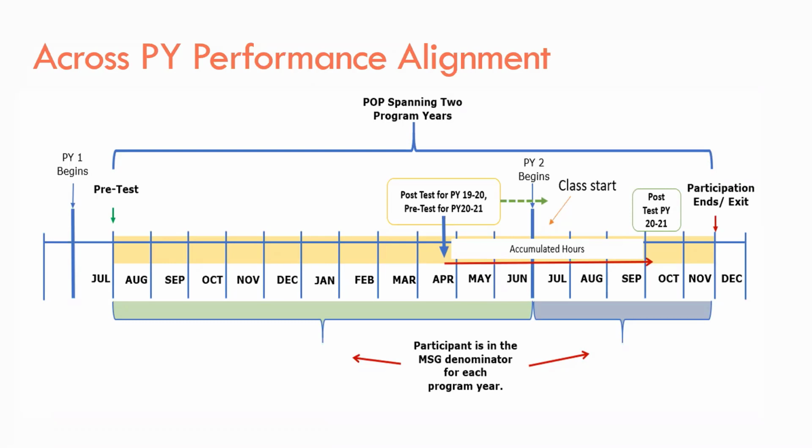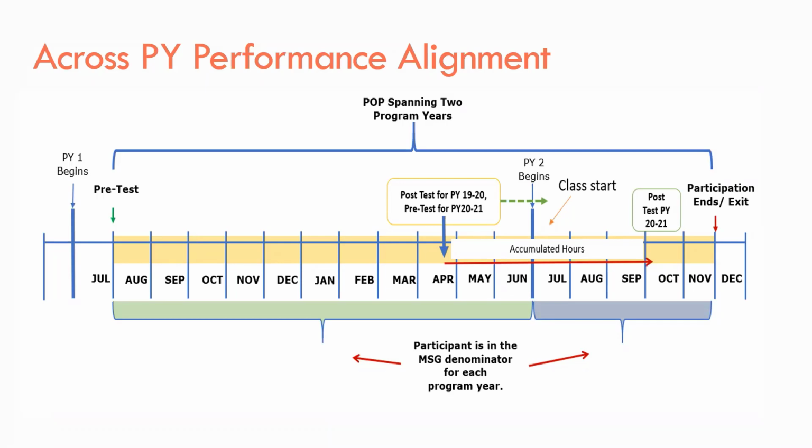They continue to participate for that program year, and then around April, a post-test is made. That post-test for PY, let's just say PY 1920, so last year, is applied, and the MSG that is a result of that test is applied in program year 1.